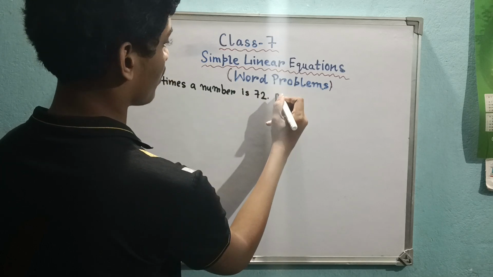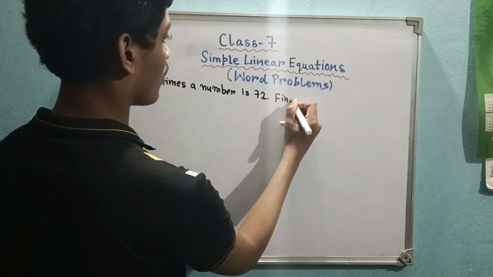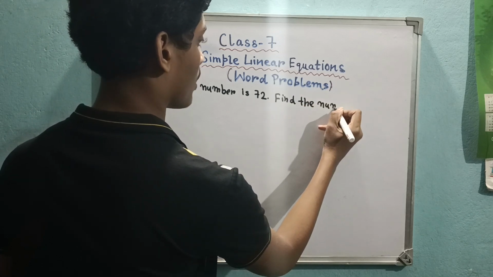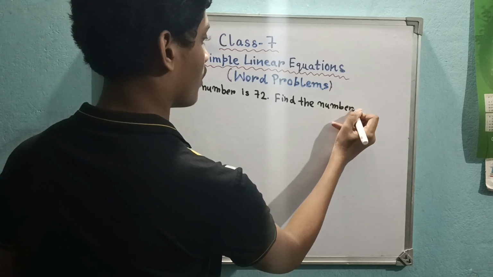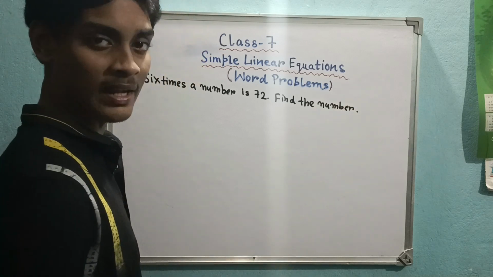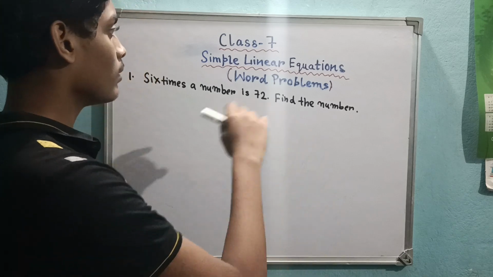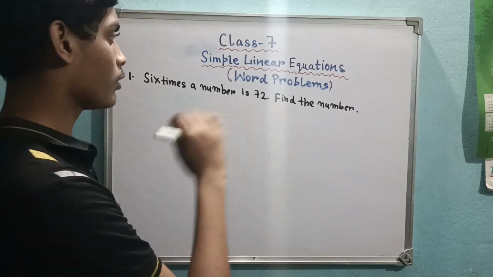Find the number. By seeing the question only, many of you can answer, I know. But let us just see how we can do that by converting it into a linear equation.